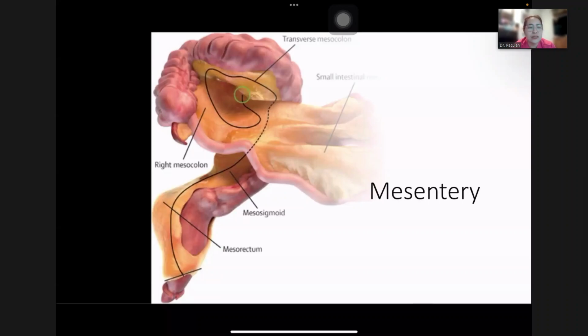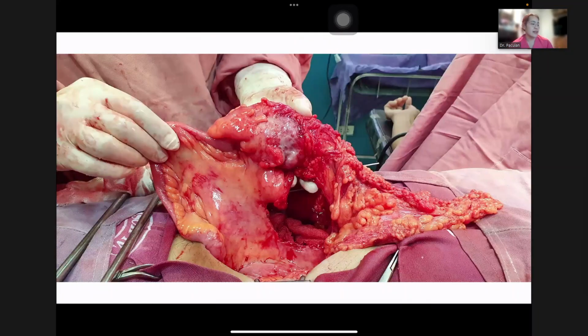Should I show this to you? O sige, show ko na lang. Next, yan. Ano ba to? Right? That's the ilium. We have a tumor located at the cecum.